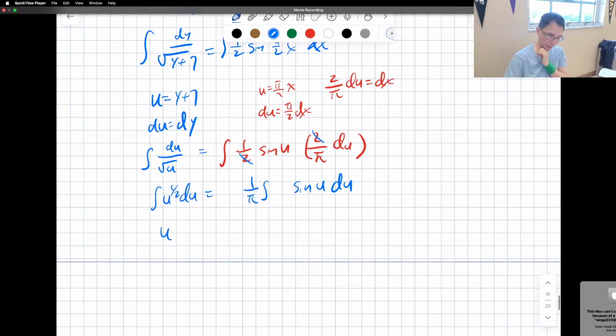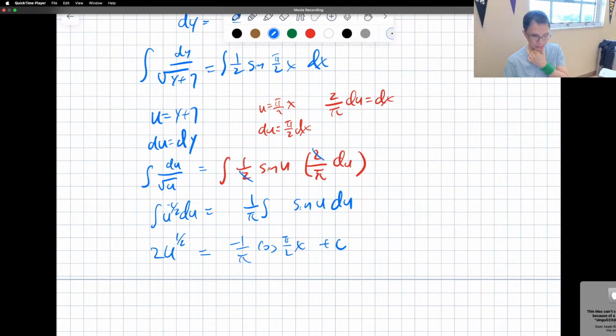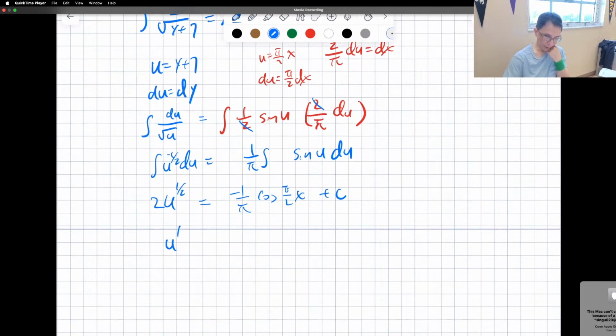Then that's going to be u to the 3 over 2. Wait, hold on a second. This is negative 1 over 2. So u to the 1/2 times 2 equal to 1 over pi times negative cosine of (pi over 2)x plus c. Now u to the 1/2 equal to negative 2 over pi cosine of (pi over 2)x plus c.